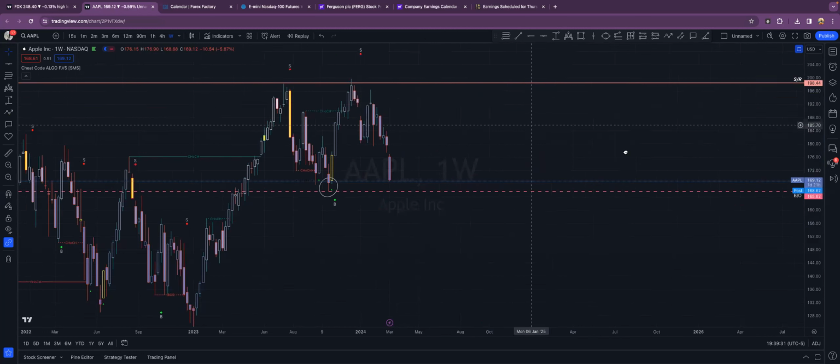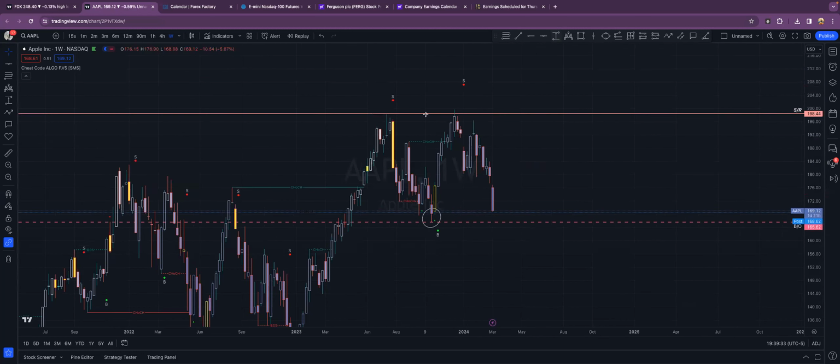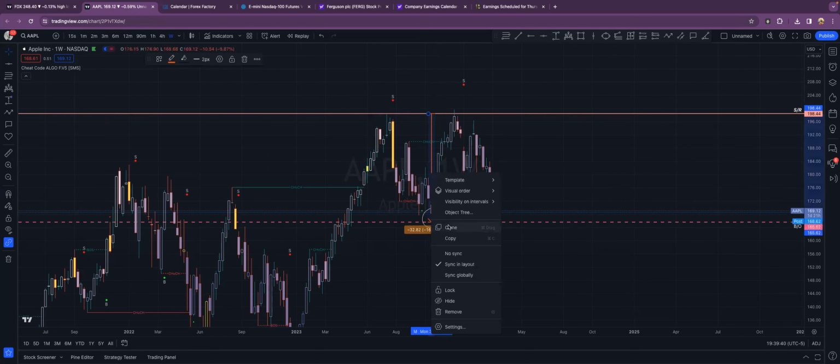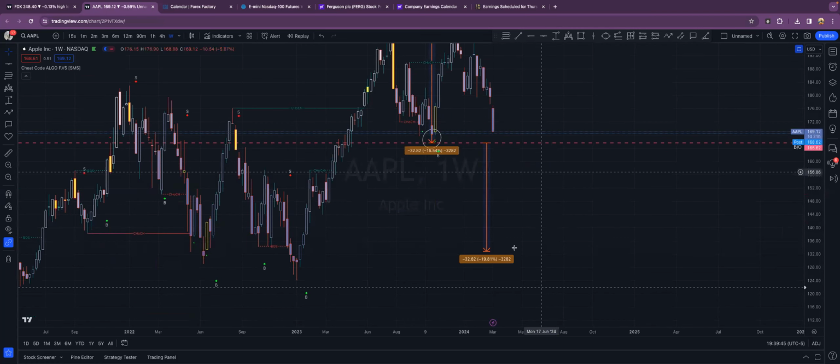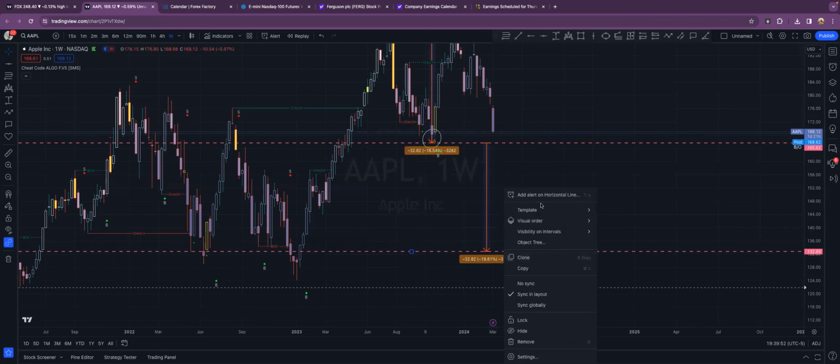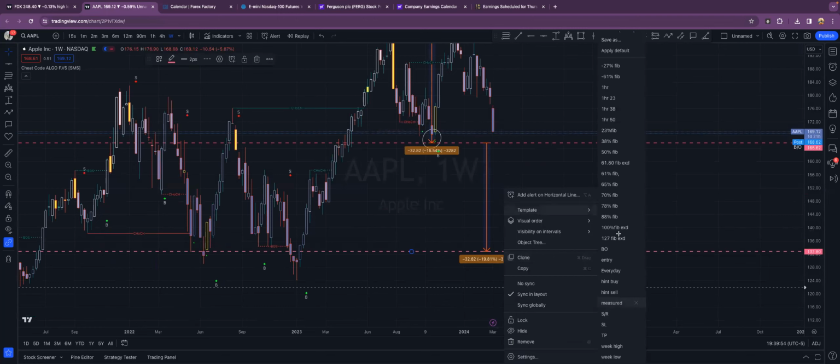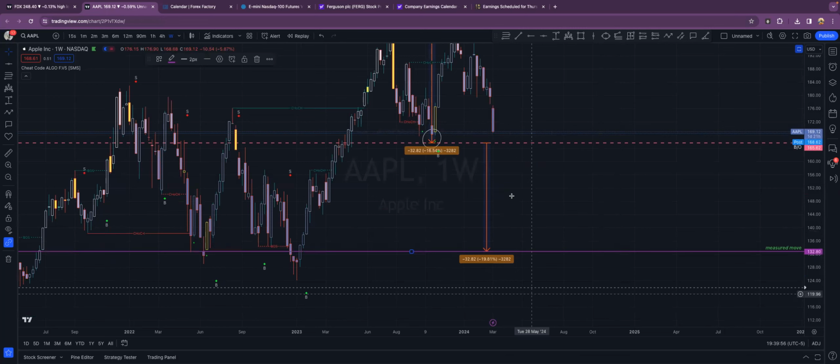That's why we mark the resistance to the breakout or support level down below. So we measure our move out, clone, and then paste it there. Now that's our measured move.